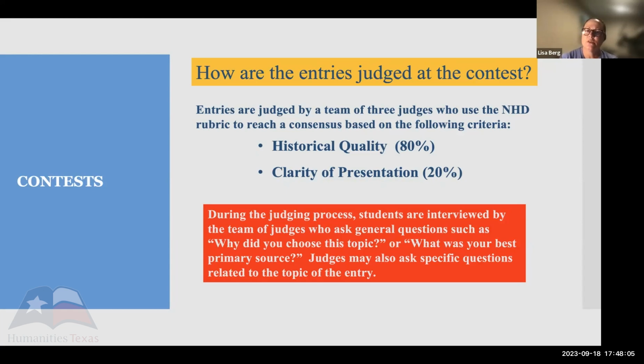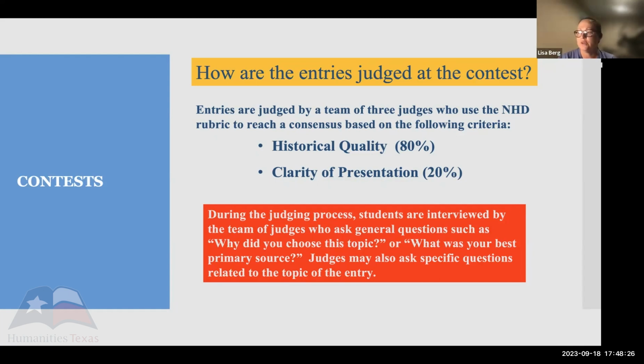So the rubric, it's historical quality is 80% and clarity of presentation is 20. So if we're talking about the exhibits, the historical quality, of course, will weigh more than the flash, than the sparkle, the blinking lights and stuff.